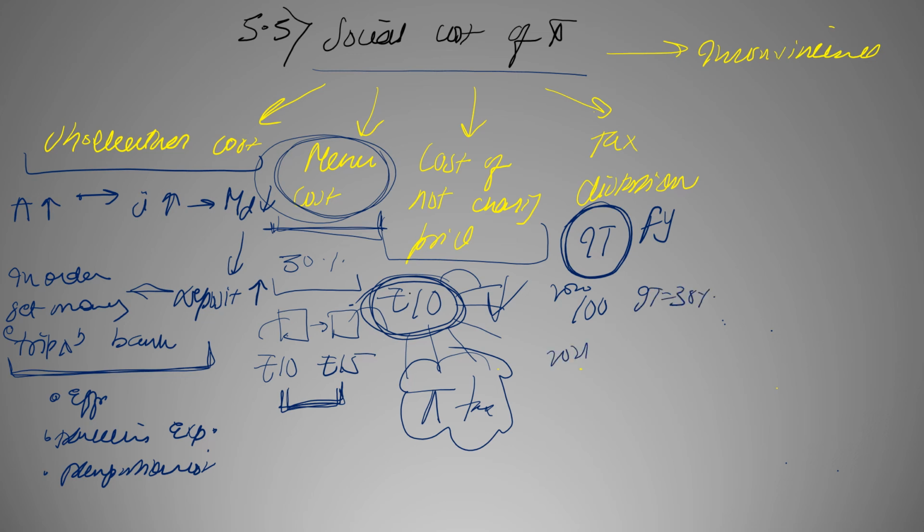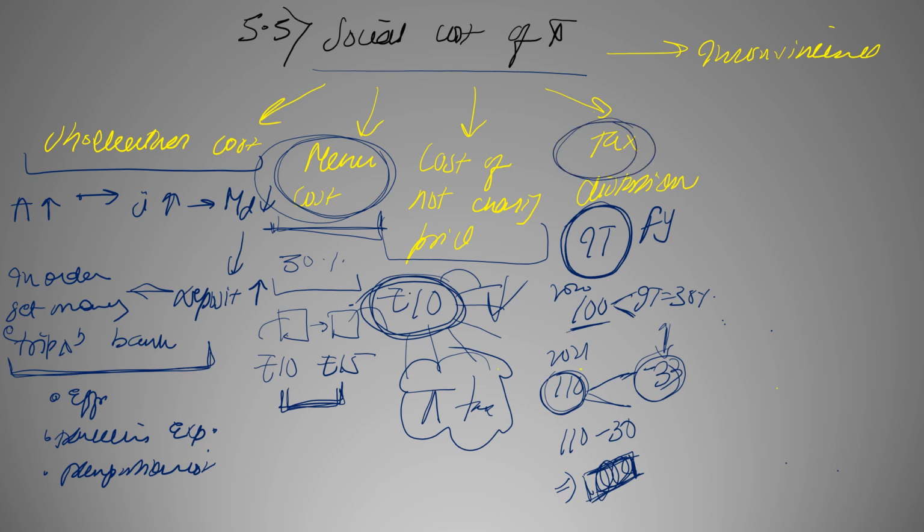But in 2021 inflation rose by 10%, which means the face value of 100 and 110 is going to be the same, but you are just paying 30 rupees on this, which is 110 minus 30. Whatever the amount is, it's your loss, because you were supposed to actually pay 30% of this, which is 33 rupees. You lost 3 rupees just because your taxes were not taking inflation into account.